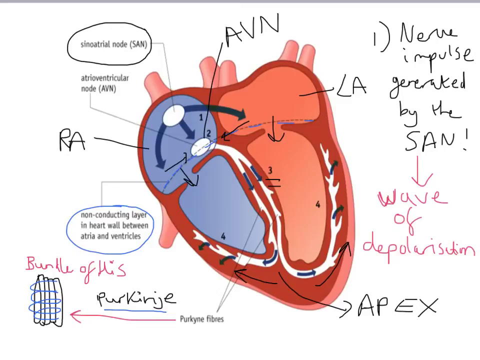So what I'd like to do now is just talk through that ECG, that graph, and show what those waves basically represent. So it looked a little bit like this, just doing a rough sketch.